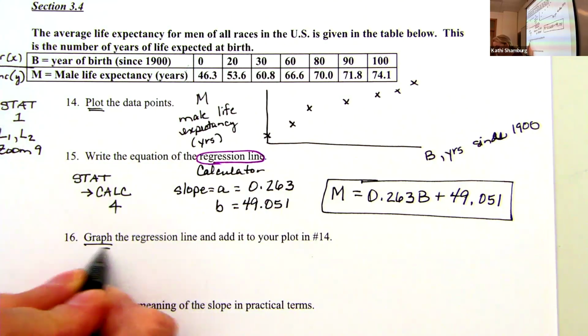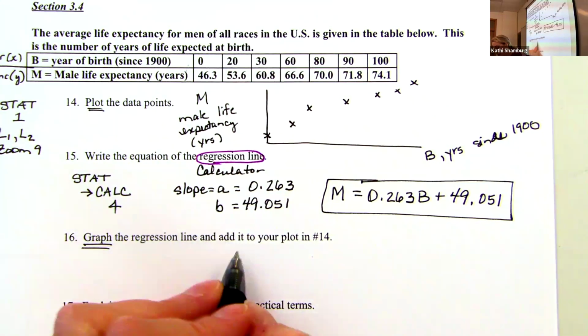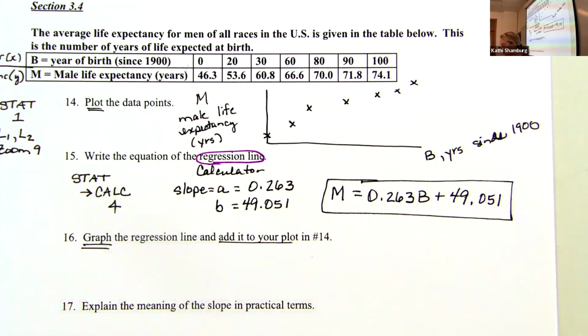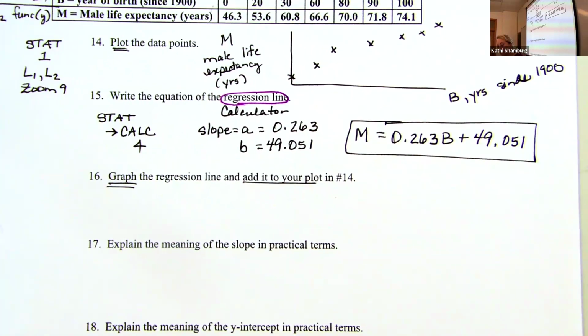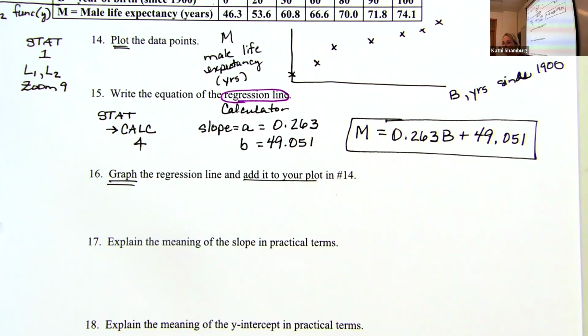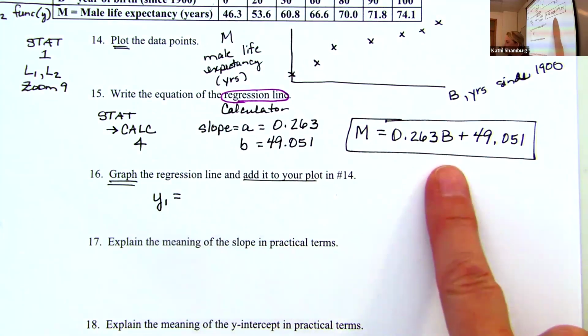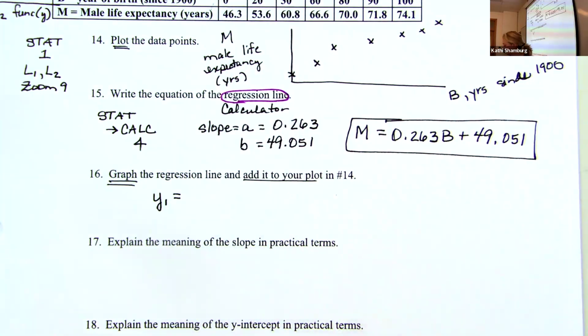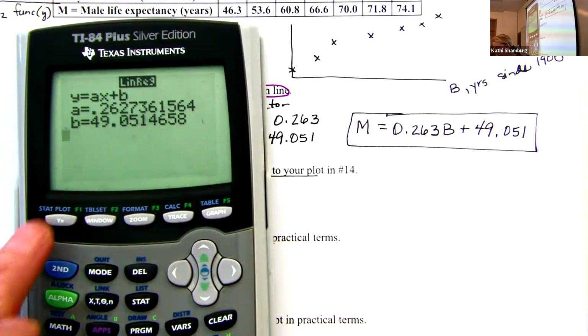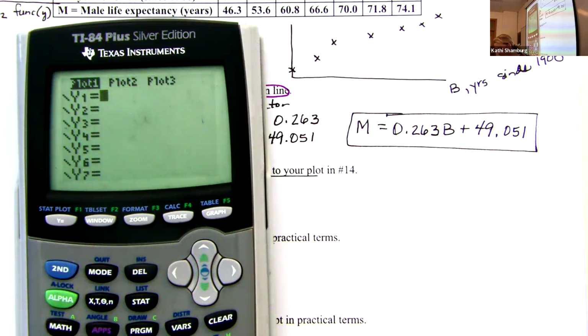Now it wants me to graph the regression line and add it to your plot. Okay, so now what do I need to do in my calculator? You're going to go to y1 equals, and you're going to enter this equation: 0.263x plus 49.051, and then what do we hit?